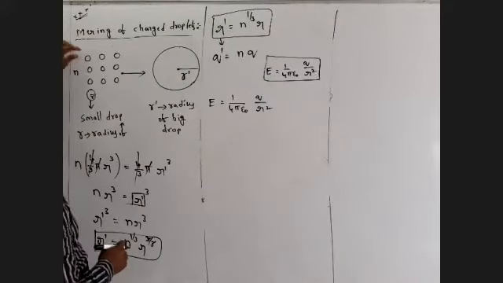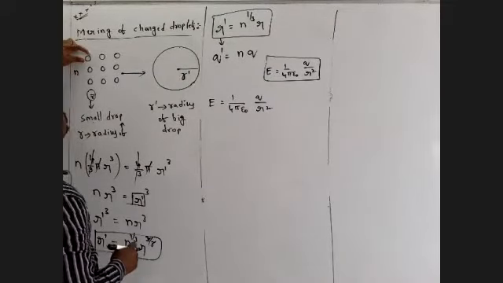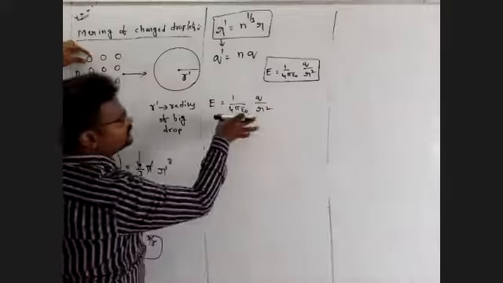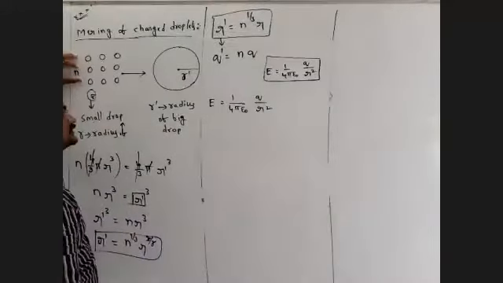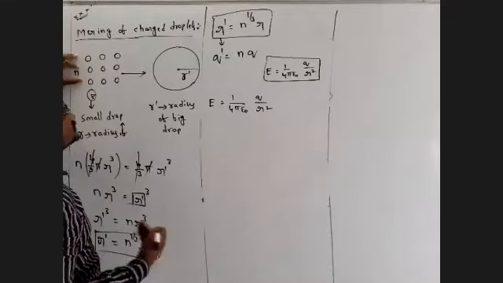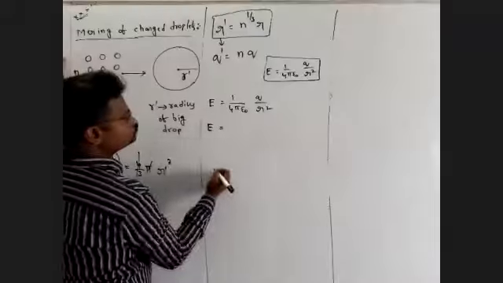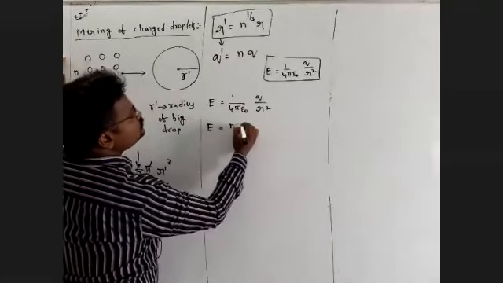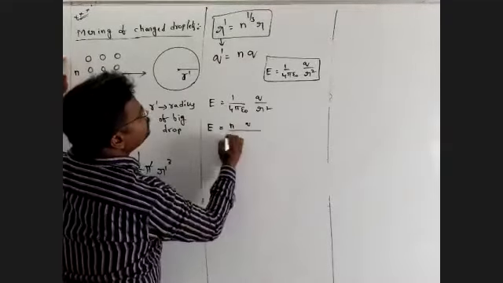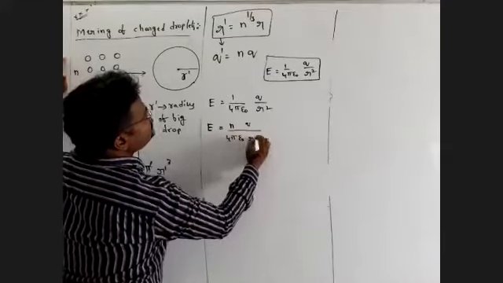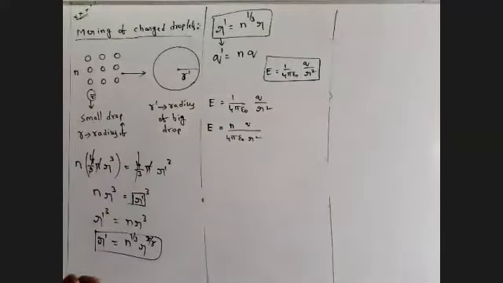Here, how many charges? This is one small drop having this electric field. For n drops having charge, E is equal to nQ by 4 pi epsilon naught R squared.